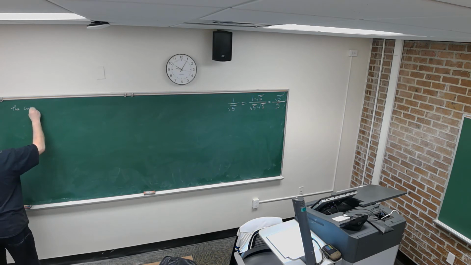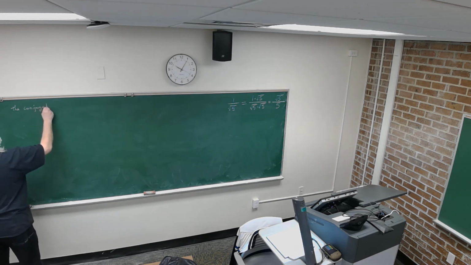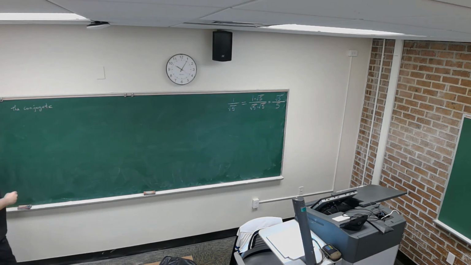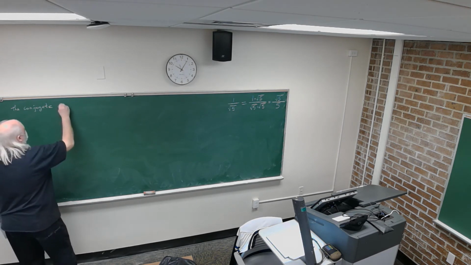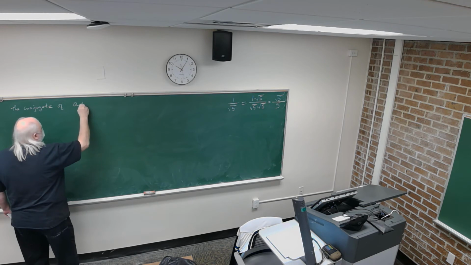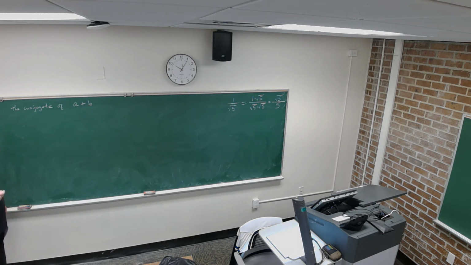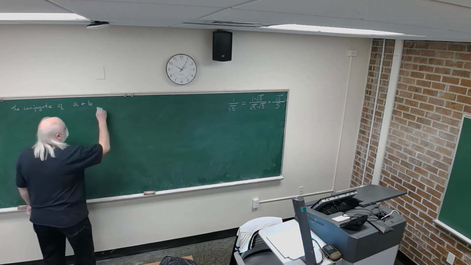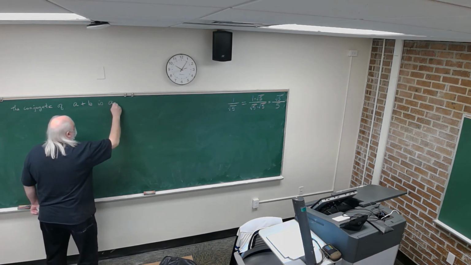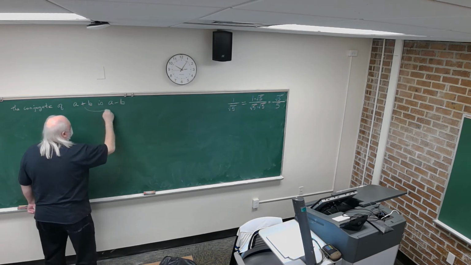One is, let's define what we mean by the conjugate of a number. So we have A and B, which are two real numbers. The conjugate of A plus B is A minus B, right?